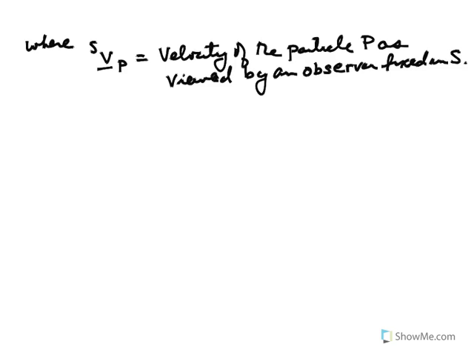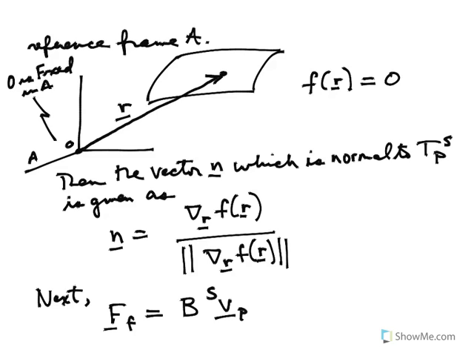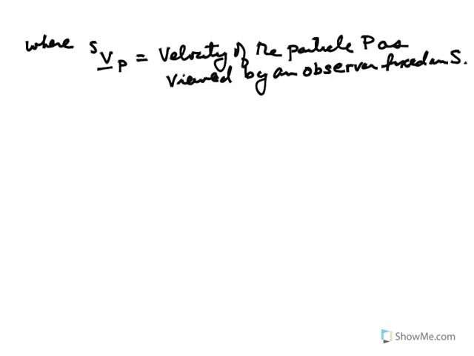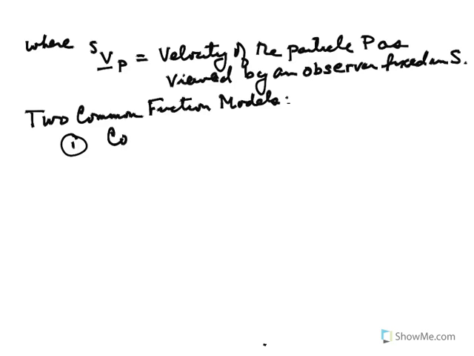Now, once I have that velocity, and I say the friction force is equal to some coefficient b times that velocity, what I can do now is I can do this with two different friction models. So two common friction models. One is what's called Coulomb friction, and the other is what's called viscous friction.